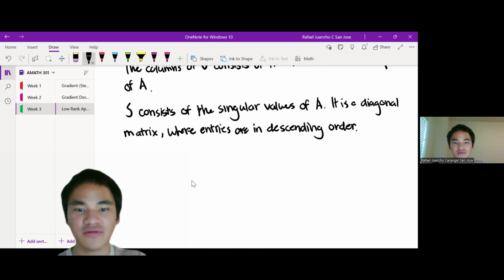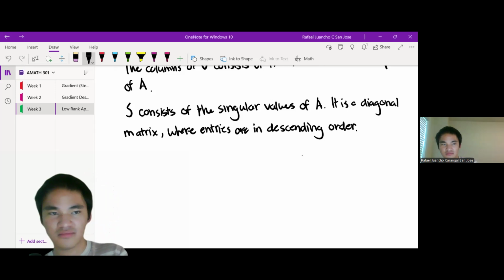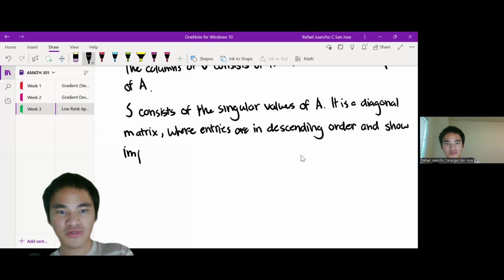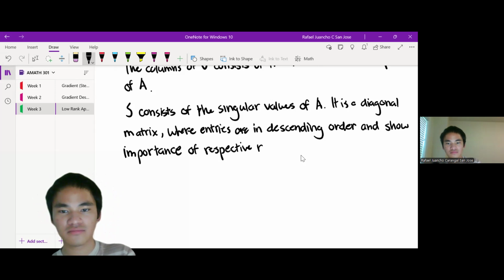They're in descending order, and they also show the importance of the respective column and row bases. We're going to dissect these in a bit.